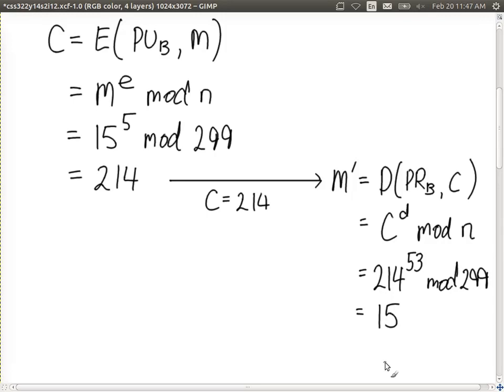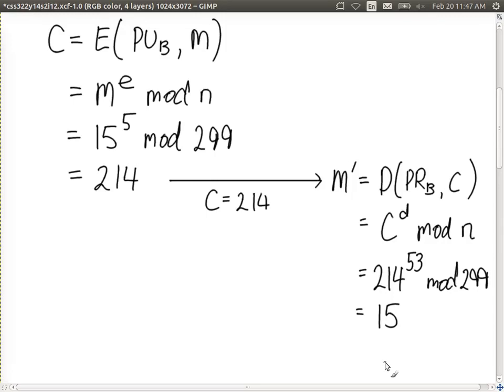If you follow these two steps, we'll get the original M, 15. A common exam question is: prove why M will be the same. We'll see that, not today, we'll see that next week. Any questions before we look at some potential attacks?